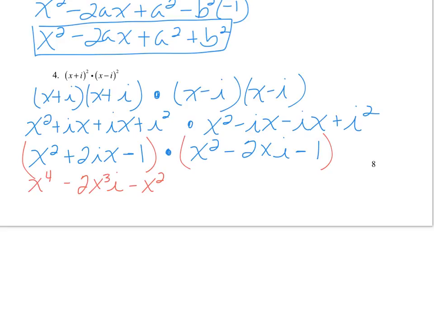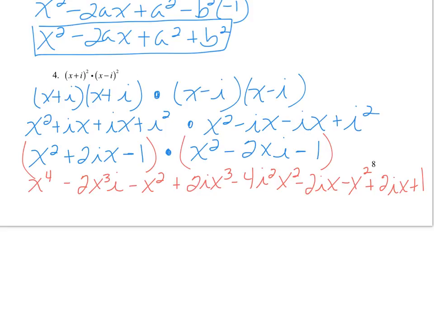So I'm going to get plus 2ix cubed minus 4i squared x squared minus 2ix. Okay, so we have left over to multiply through by the negative 1. Minus x squared plus 2ix. I'm just rearranging, writing this as ix instead of xi, plus 1. All right, I multiplied everybody through.